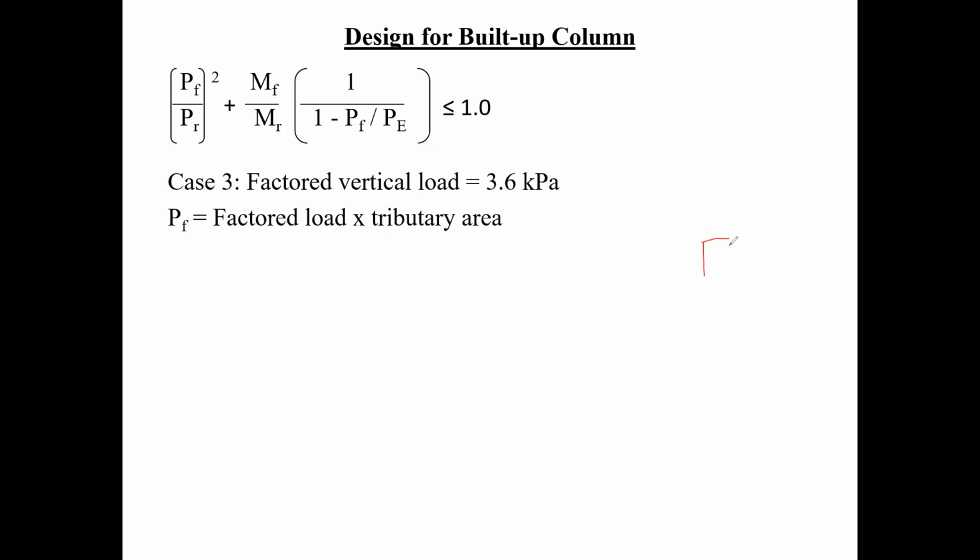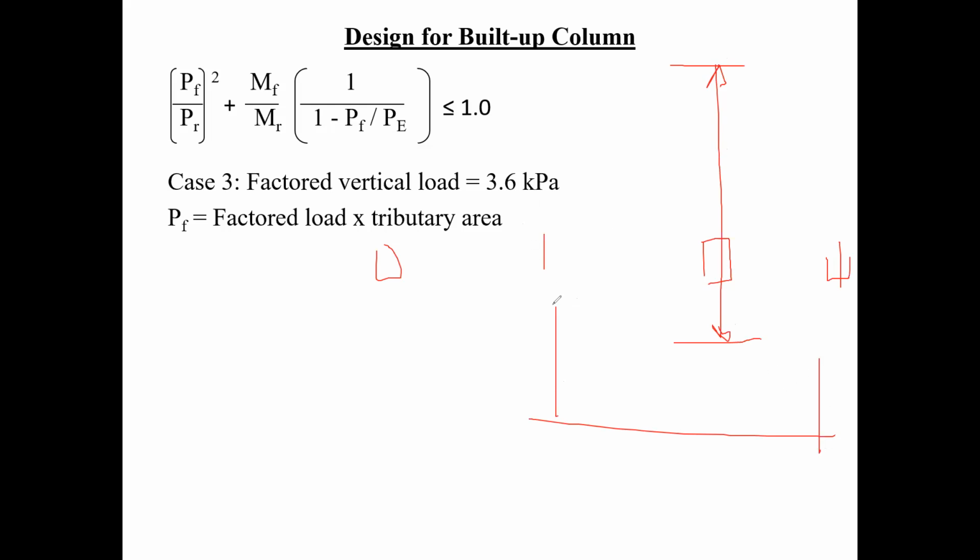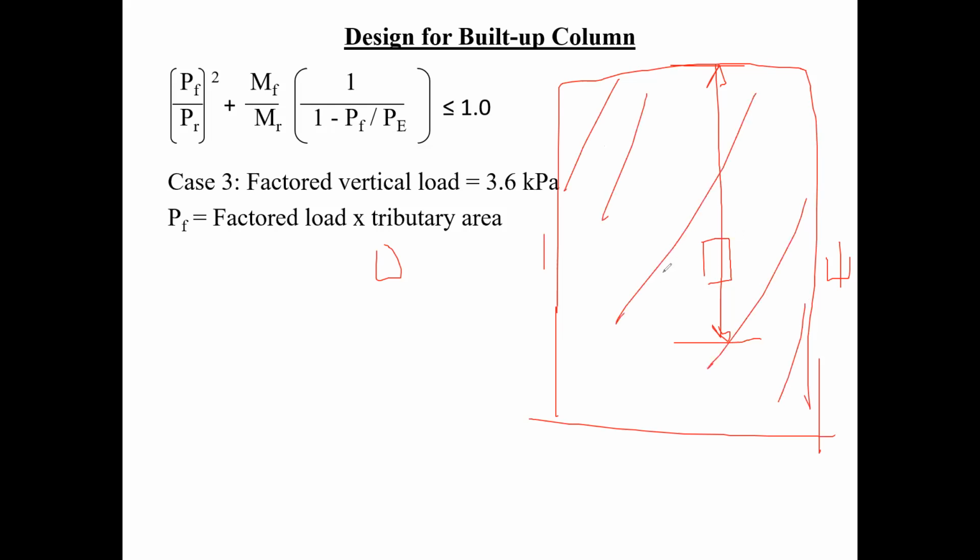I don't know what size it is right now, but I know that my column is carrying in this direction the same tributary width that the lintel was. All I need to determine now is the tributary width in here. Well, this goes from half the distance between this column and that column, and that's how I calculate the tributary width in this area. So these two tributary widths will give me this tributary area.